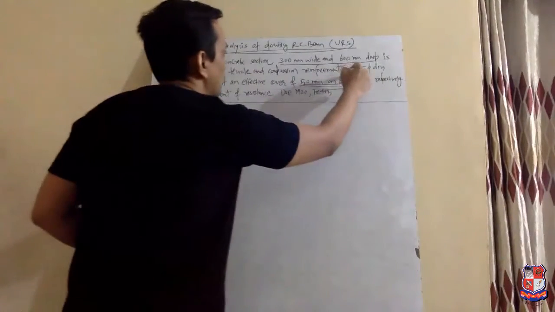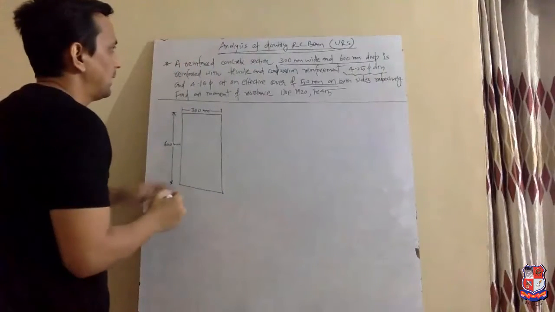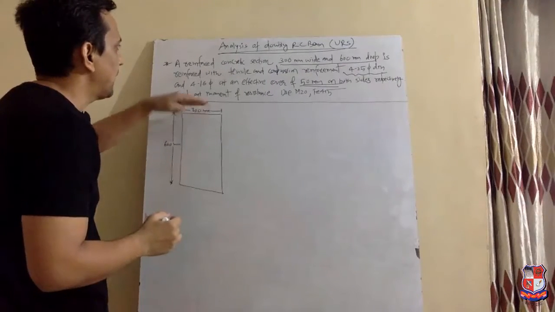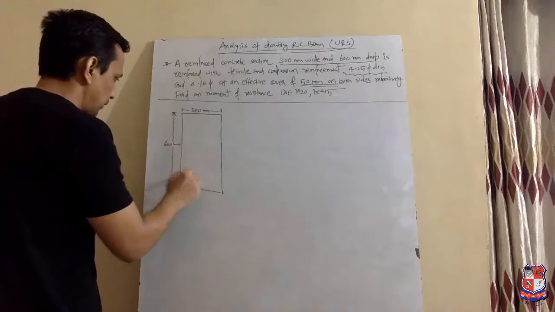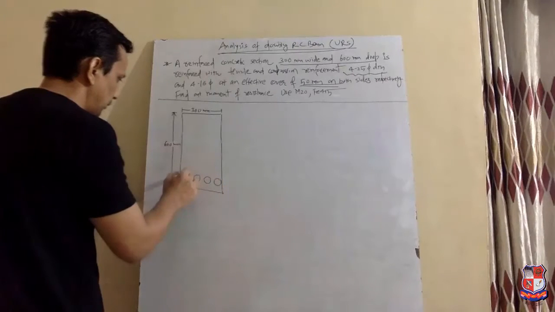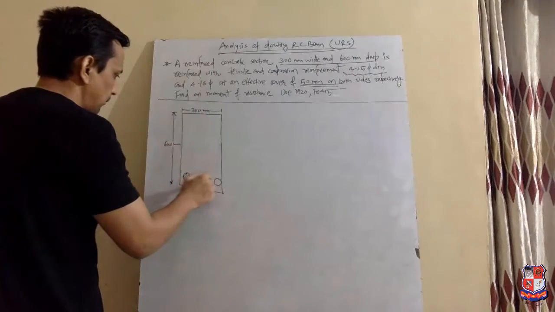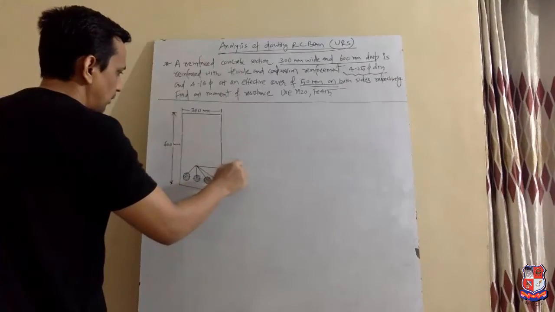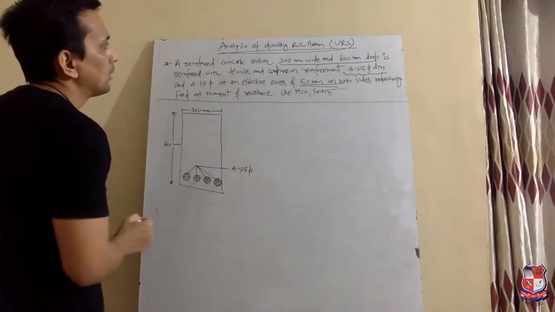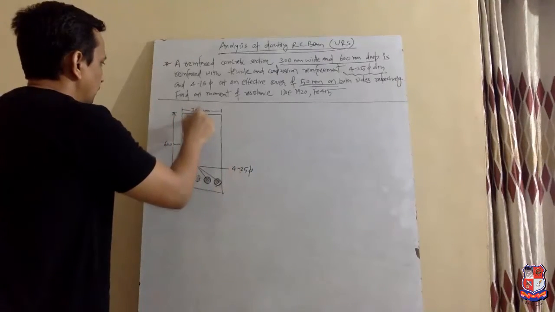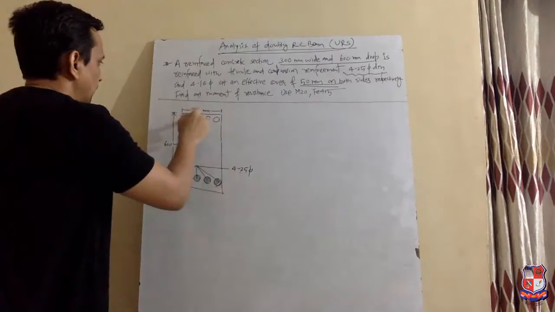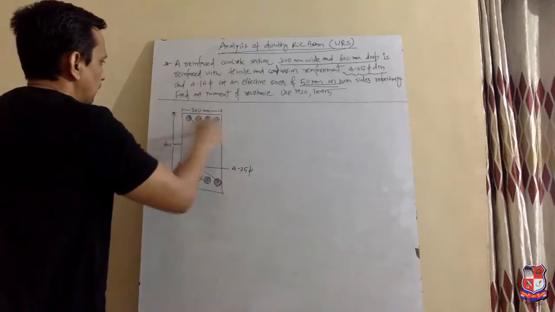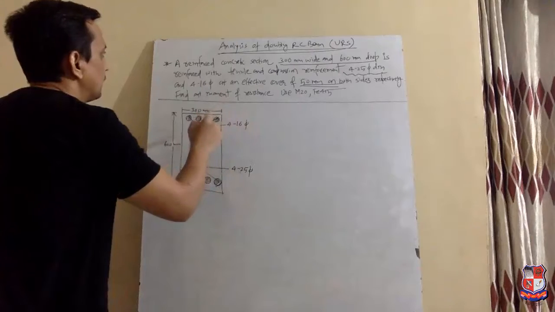It means 4 number 25 mm dia bars are in the tensile zone and 4 number 16 mm dia bars are in the compression zone. Four number 25 dia, four number 16 dia.